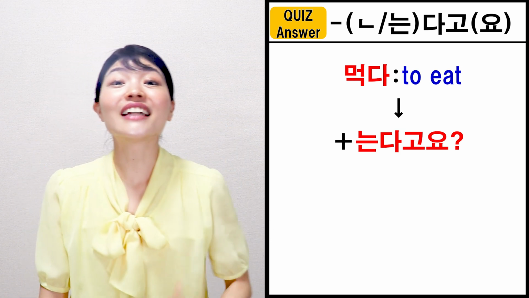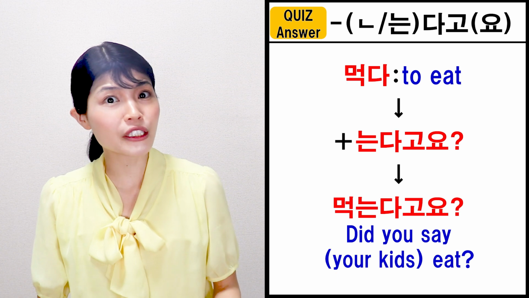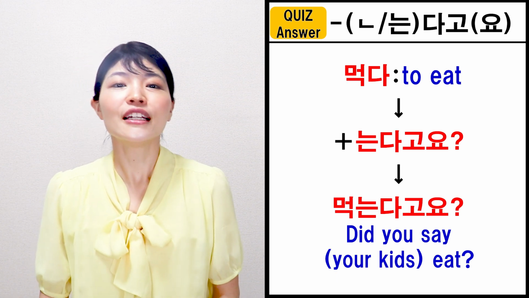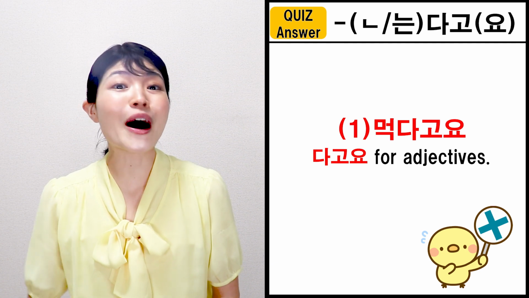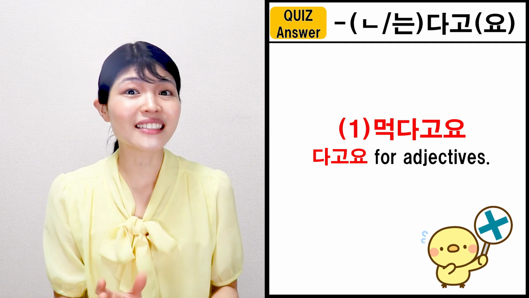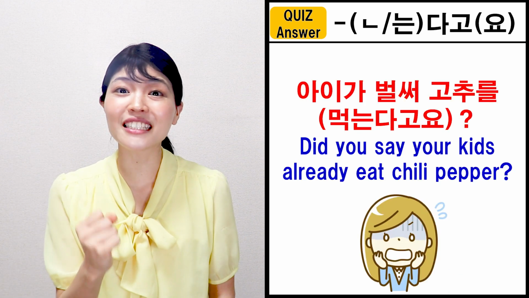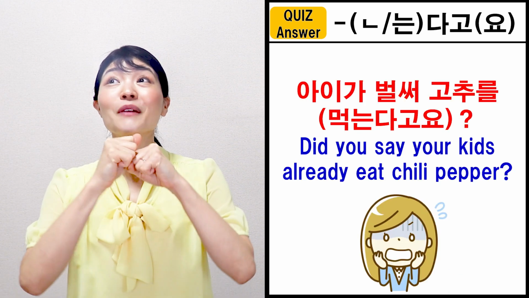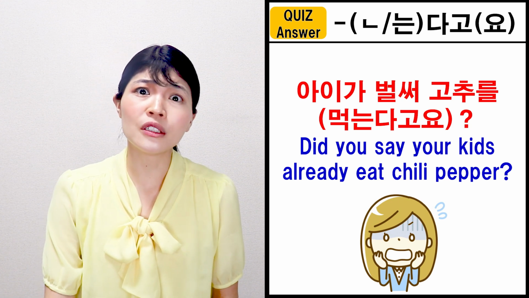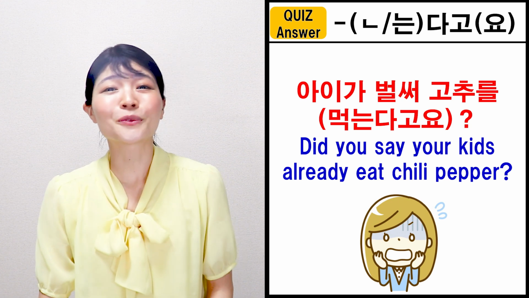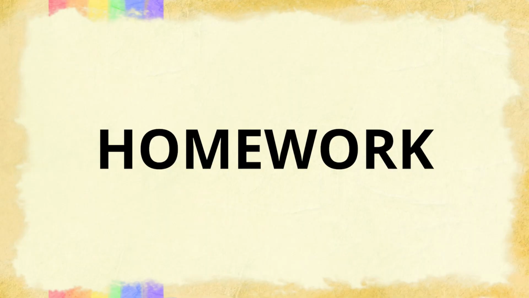Yes! You add 는다고요 to make 먹는다고요. Did you say your kids eat? Number 1 is wrong because you use 다고요 for adjectives. 먹다, to eat, is a verb. Okay? Now let's read it with the feeling of unbelievable. 아이가 벌써 고추를 먹는다고요? Please read it until you can express your surprise.